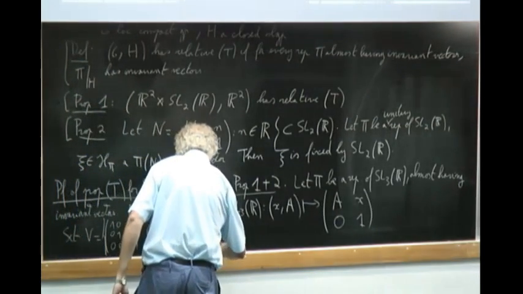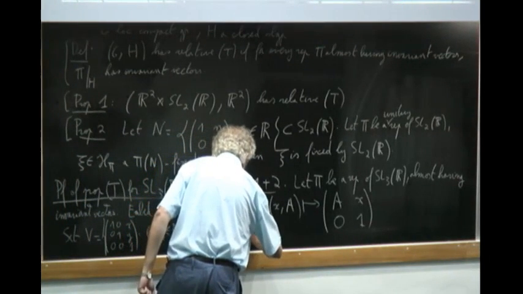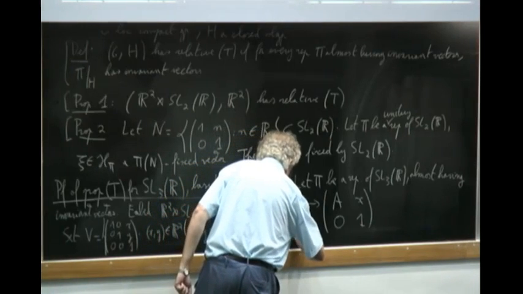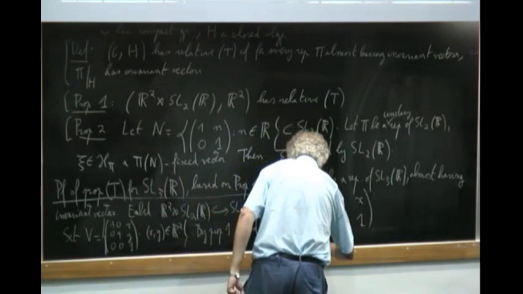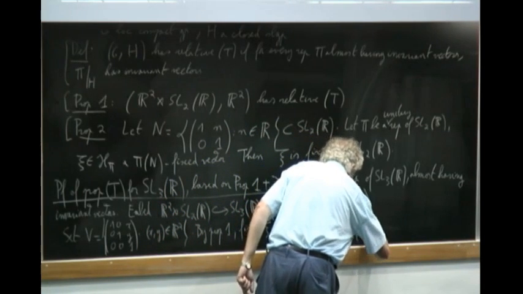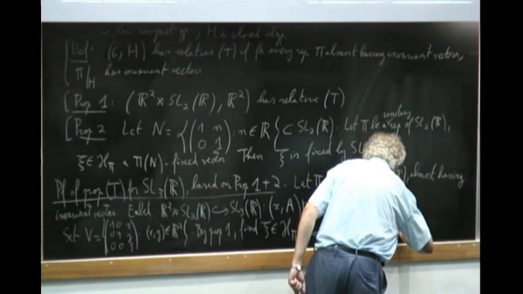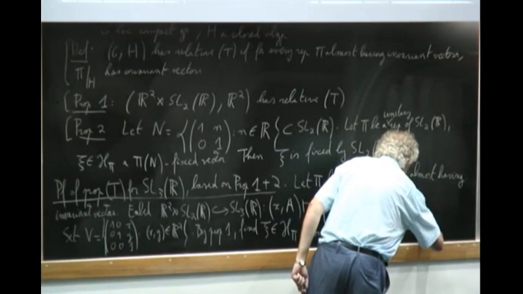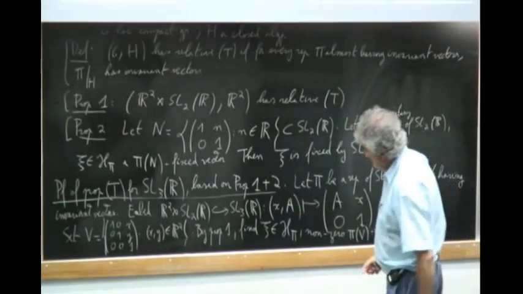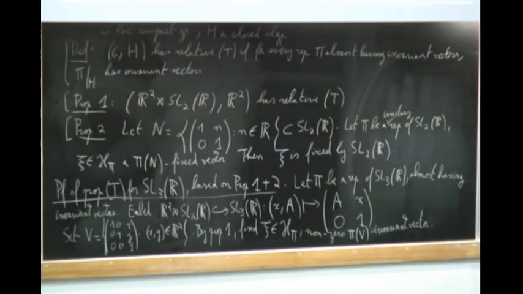So by proposition 1, find psi in H_pi, a non-zero pi(V) invariant vector. And now the goal is to show that psi is actually fixed under the whole of SL3R.